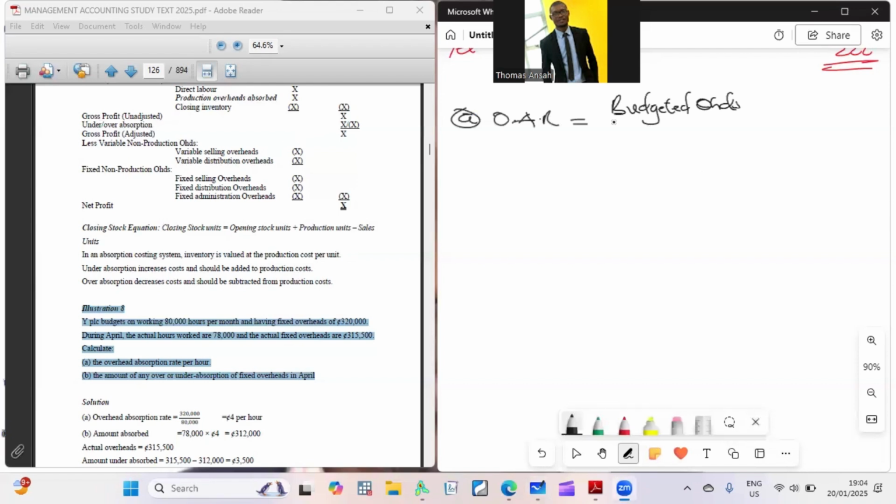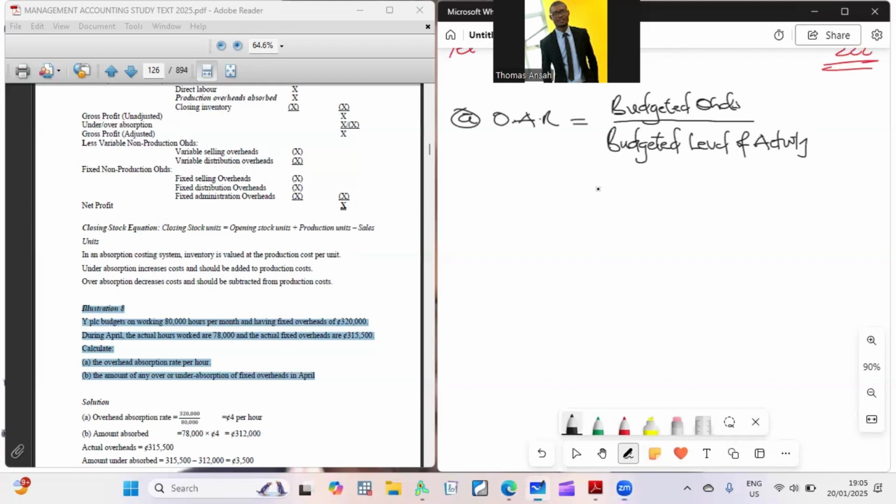Sir, divided by the budgeted level of output or level of production, or level of activity. It can be production, it can be hours. So you use the budgeted level of activity. The level of activity can be production or it can be labor hours, depending on the question, but that is the formula.